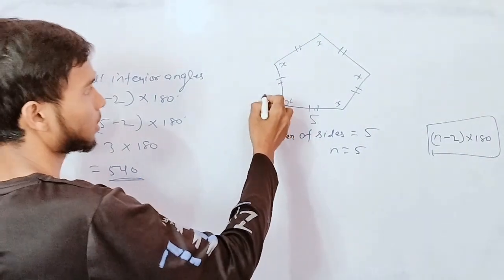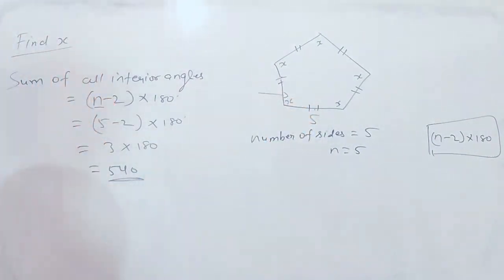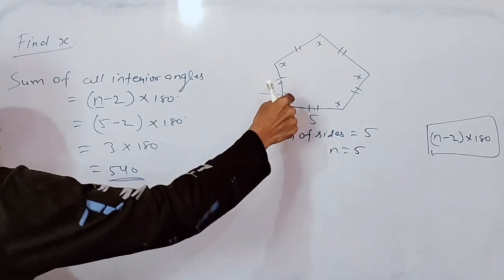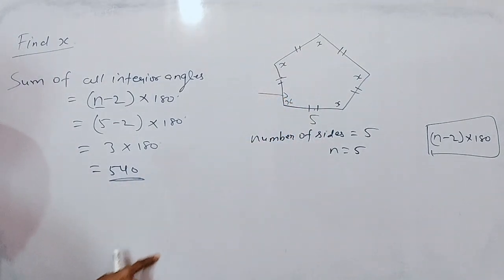But we want only one, the value of this x. Then what can we do? Exterior angles, you will divide.